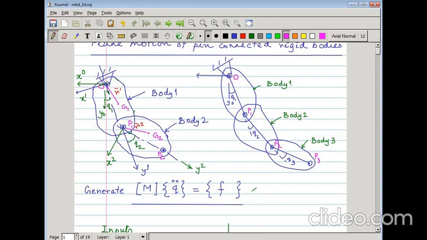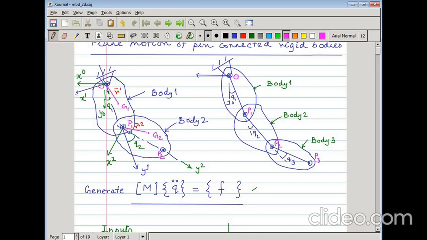And we assume that from O to P1, the line connecting the hinge and the pin, we will take along this the y1 axis. Why y1? Because this is the y connected to body 1.